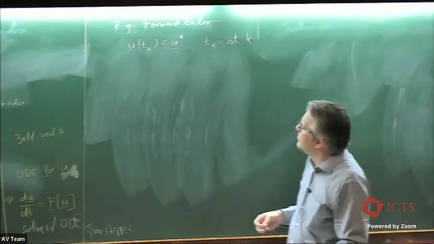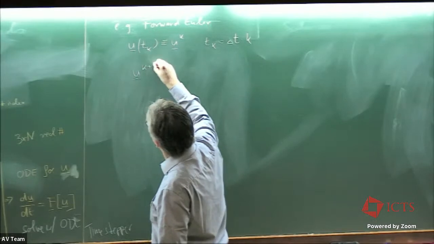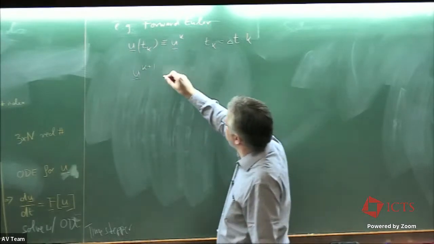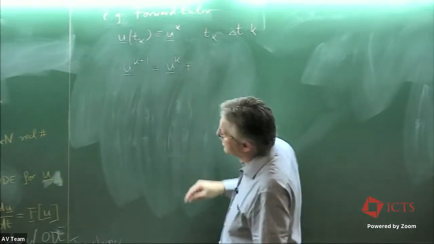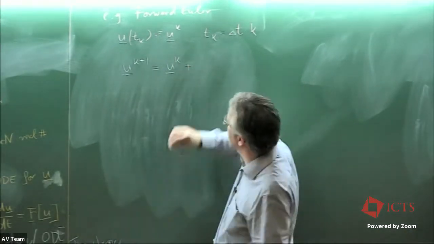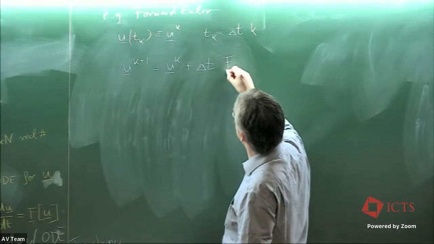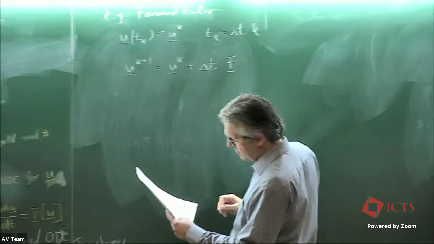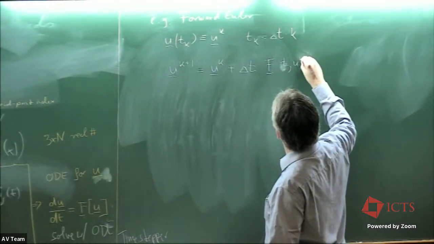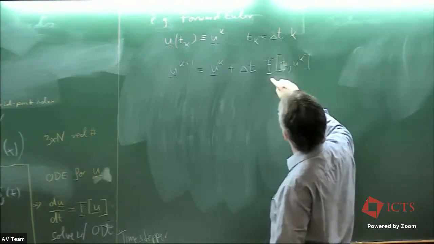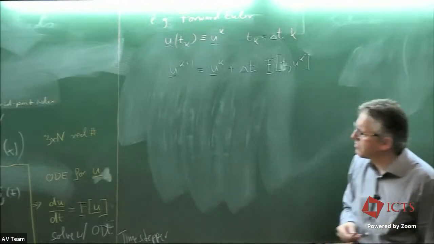And the forward Euler formula is that u at the new time is the same as u at the old time, plus delta t times its time derivative, f of t comma uk.